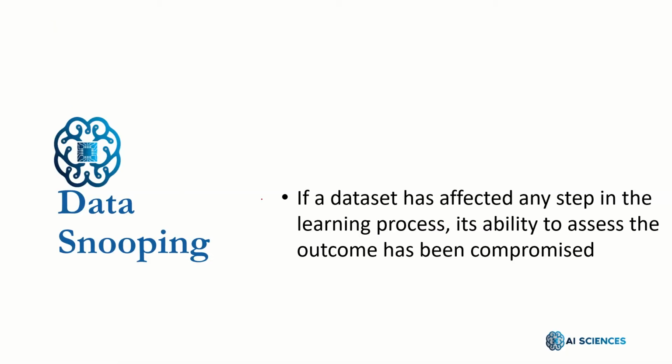So data snooping basically refers to the fact that if a data set has affected any step in the learning process, its ability to assess the outcome has been compromised. Let me explain the statement. Here this data set normally refers to the test data.